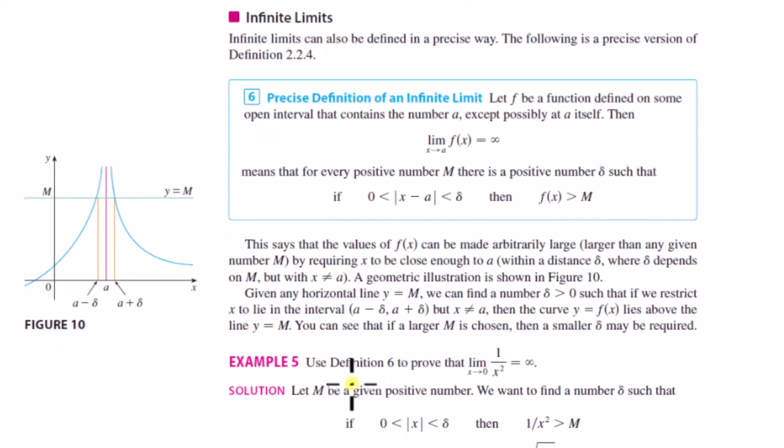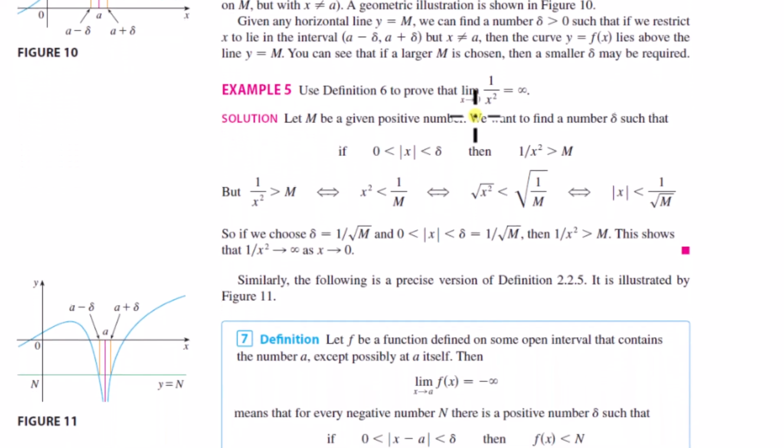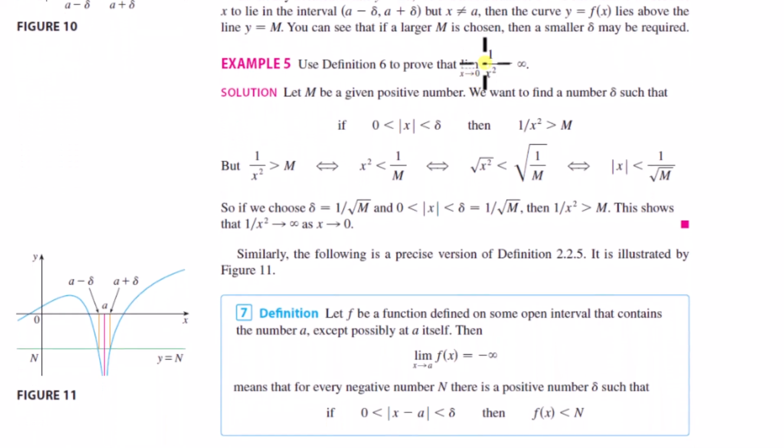Okay, so let's think about proving that the limit as x approaches 0 in general of 1 over x squared is equal to infinity. Two sections ago, we learned how to work infinite limits like this. We know that coming from either side of 0, as you get closer and closer to 0, the denominator is becoming a smaller and smaller positive number.